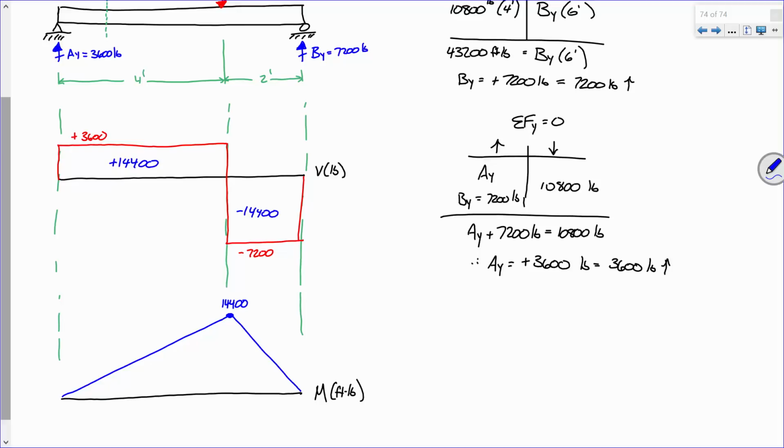Any questions? Now, let's remember, our eye needs to remain fixed on that section, okay? So, let's go back up here.